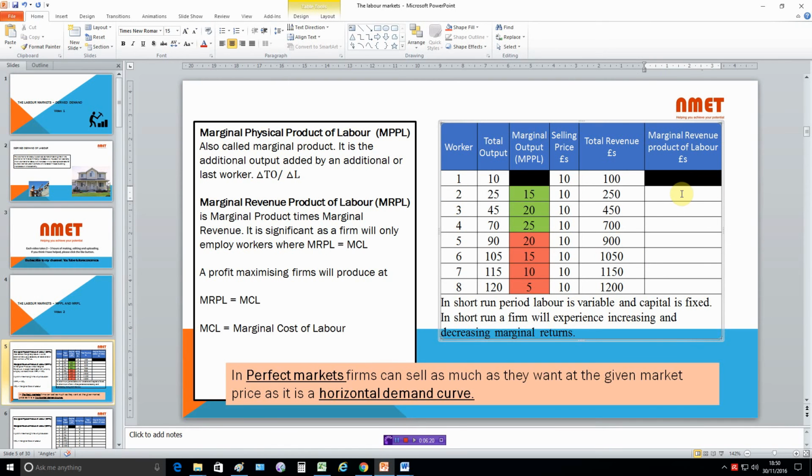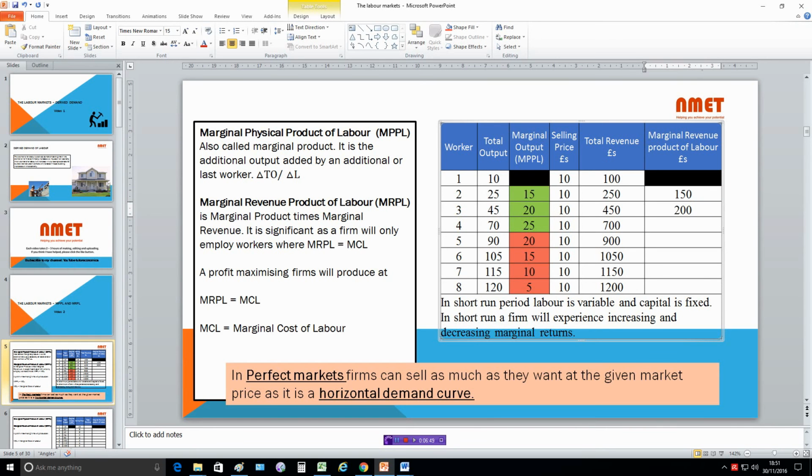Now, to find the marginal revenue product of labor, for the second worker, what would be the MRPL? 150. How did you get that? It's marginal output times selling price, 15 times 10, which is 150. Then 20 times 10, 200.